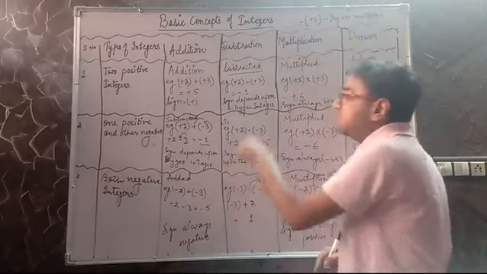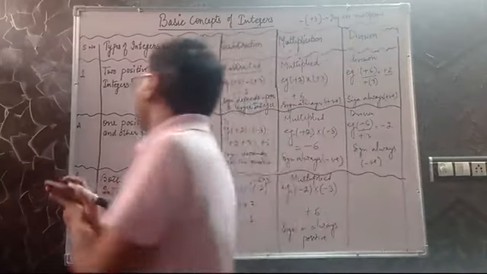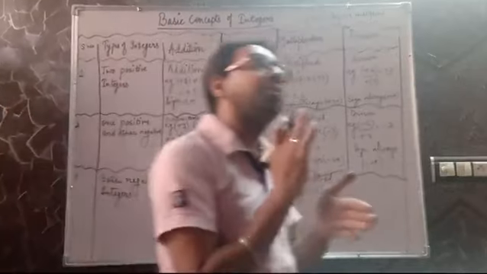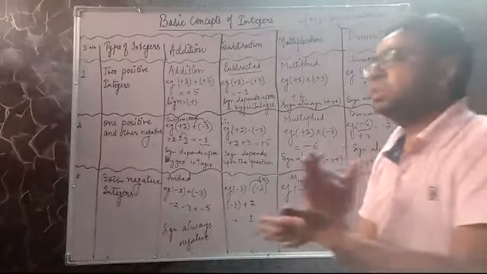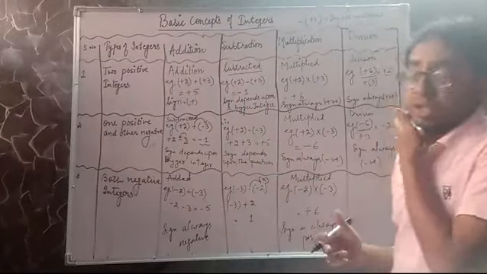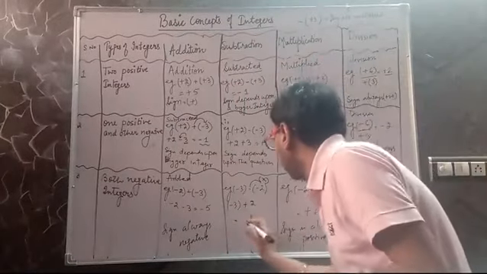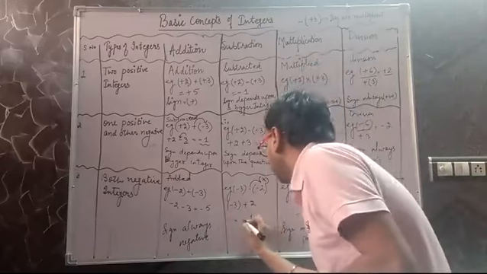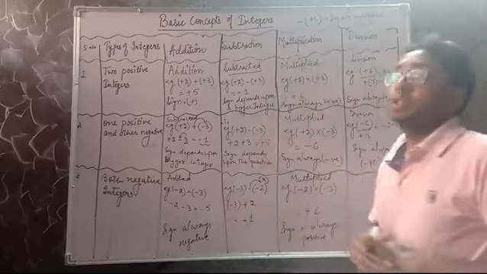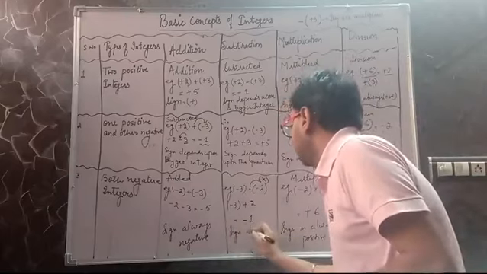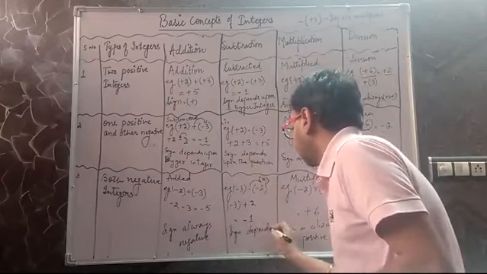If one positive, one negative is there, we will always subtract, depending upon the situation. Okay. So here, which is bigger, -3 or +2? -3. That is why -1. So here the sign again depends upon the question.